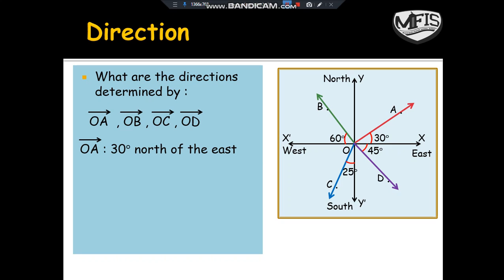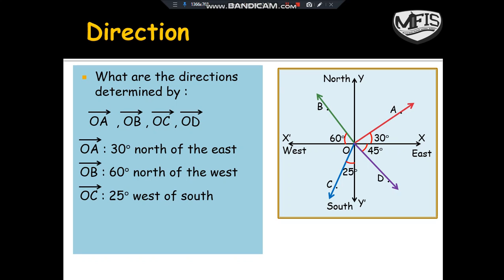And OB, we say 60 degrees north of the west. OC, we say west of the south, or we can say 25 degrees west of south. OD, 45 degrees south of east.